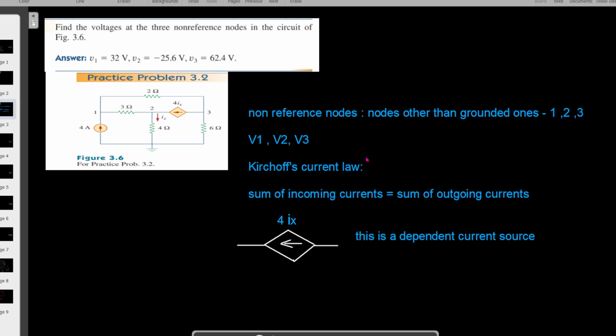We are going to solve this problem using Kirchhoff's current law. It states that the sum of incoming currents is equal to the sum of outgoing currents. And also we have another notation like this, which indicates that it is a dependent current source. Here one Ix current is flowing, and depending on this, you have this dependent current source, so it is 4Ix.